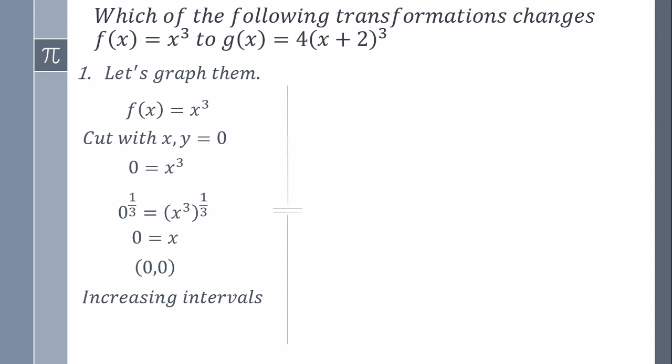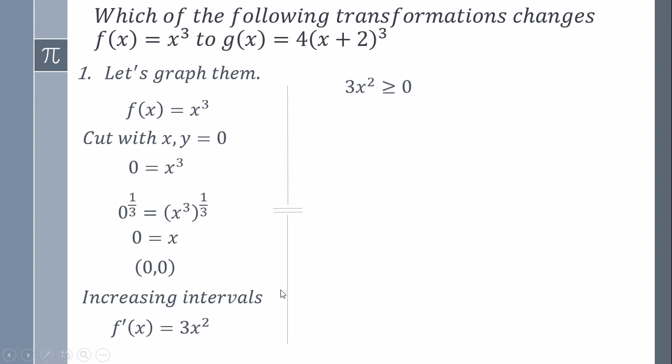Now I'm going to find the increasing or decreasing intervals of this function. For this I need the first derivative. The first derivative f prime is going to be 3x squared. The 3 goes down and 3 minus 1 is 2.